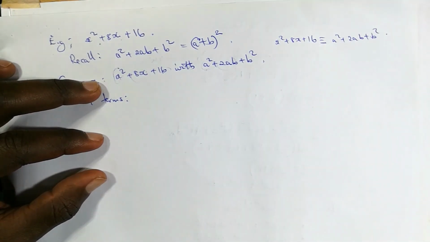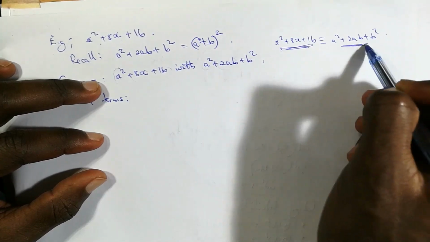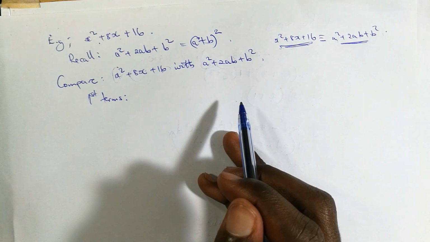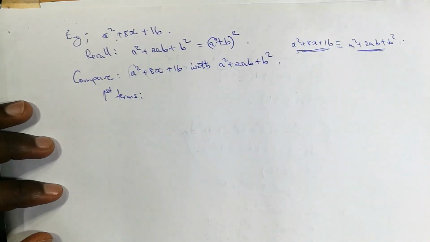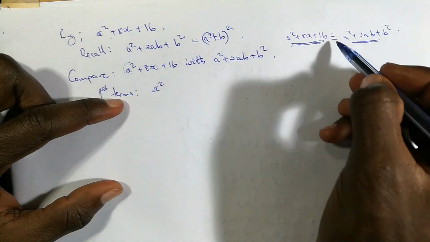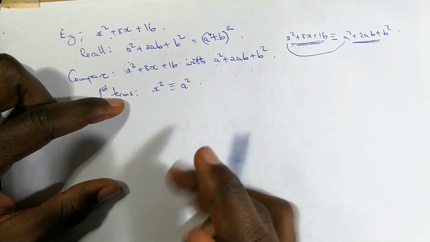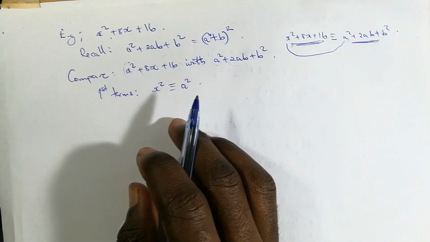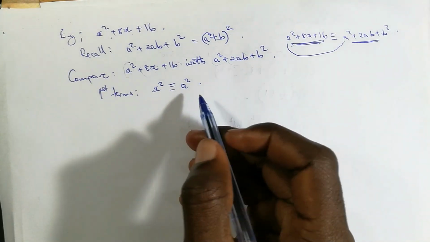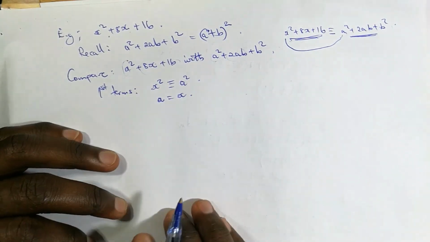We compare to see what a represents and how we can get the factors using this identity. If we compare the first term, x squared is equivalent to a squared. Taking the square root on both sides, you realize that a is actually x.